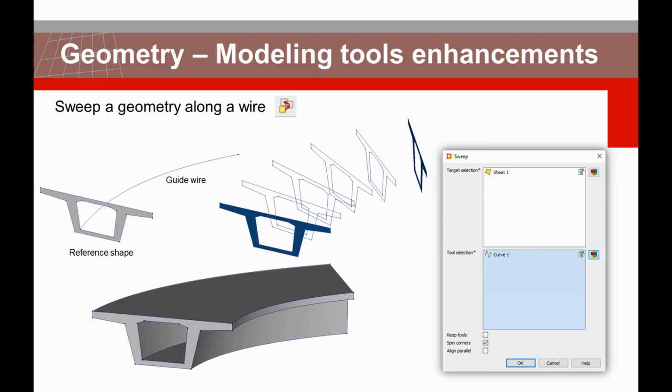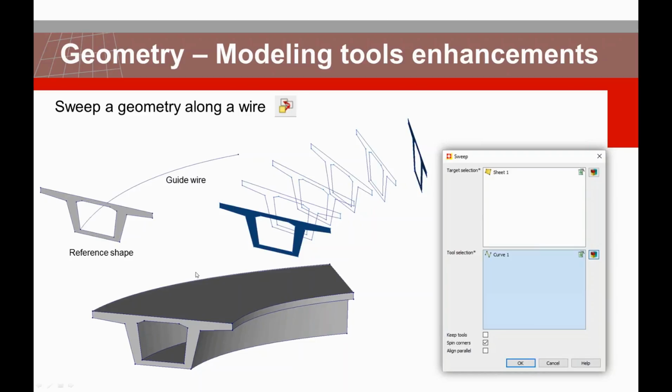Another powerful modeler feature that we added at the geometry level is based on the sweep. This sweep works based on the reference cross-section with one guide line or a wire or curve, however you want to name it.